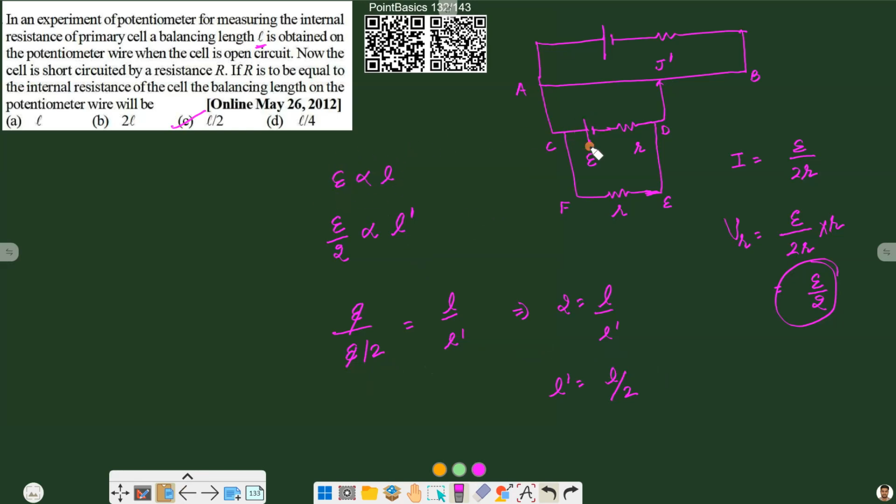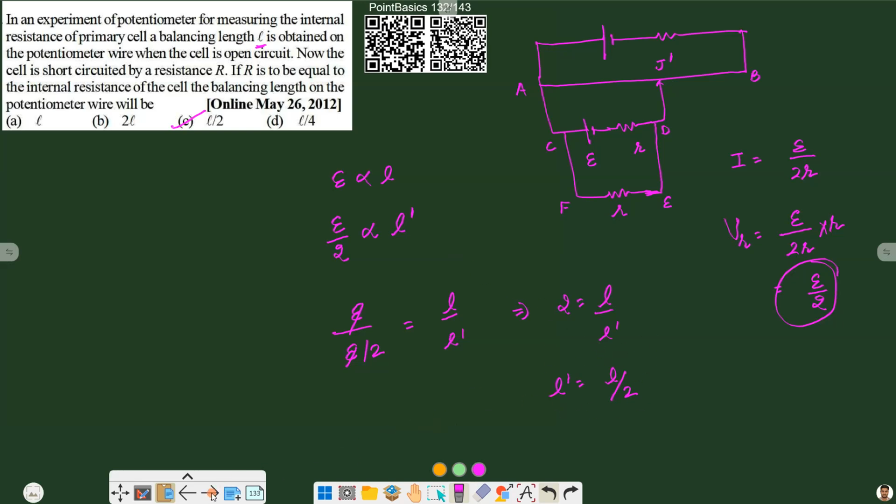Initially we had a cell of EMF E, its internal resistance was R, and its balancing length was L. After we added a parallel resistance equal to its internal resistance, the EMF got reduced to half, and the relation between the two lengths was also half.